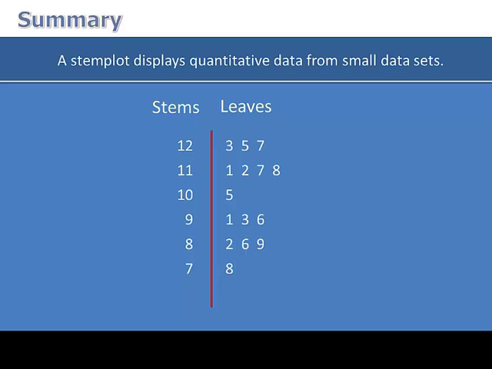For example, the leaf shown in red has a stem equal to 10, which stands for 10 tens or 100. It has a leaf equal to 5, so it is equal to 100 plus 5 or 105. And finally, some stemplots include a key to help the user interpret the display correctly.